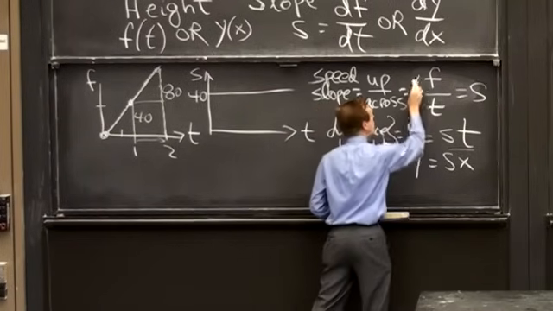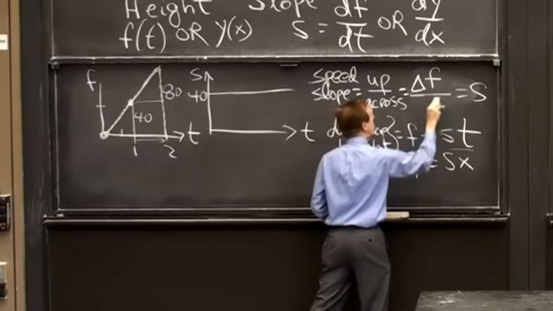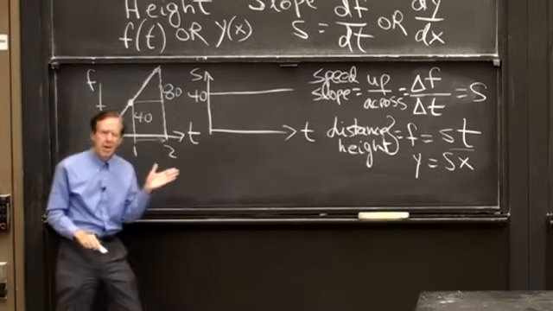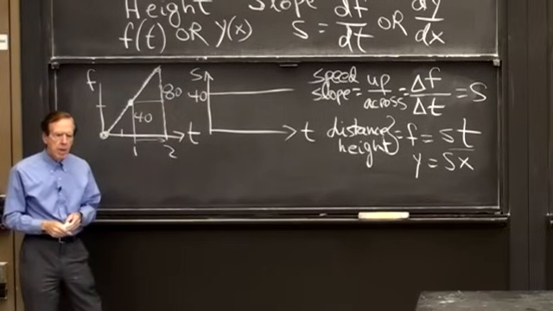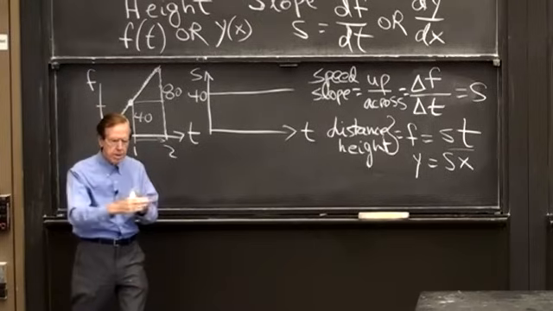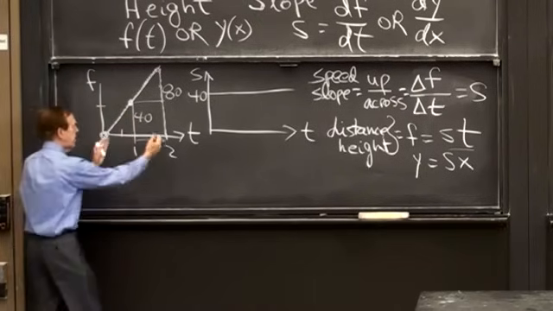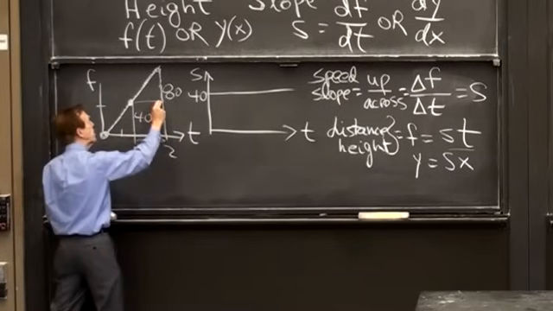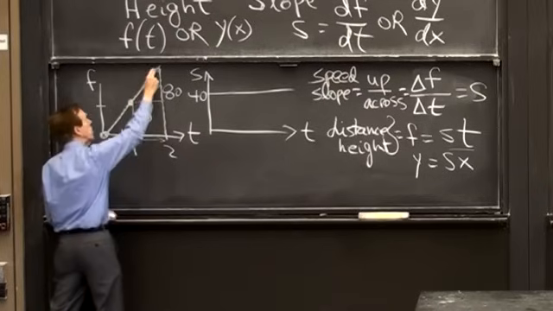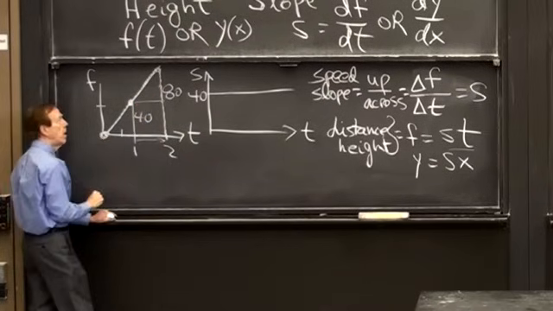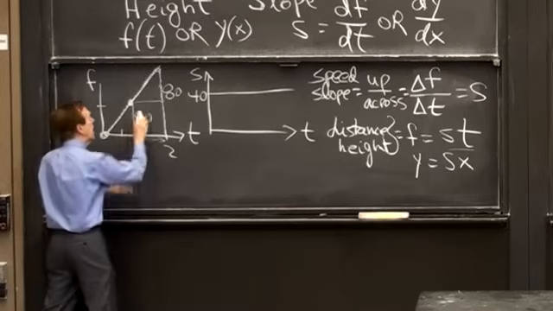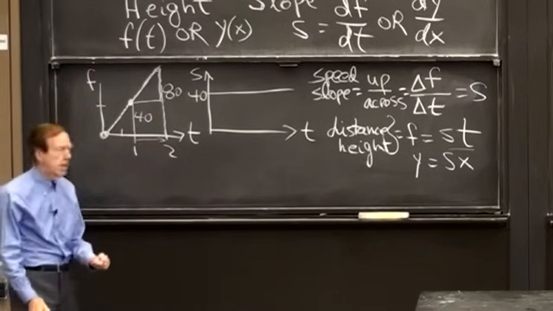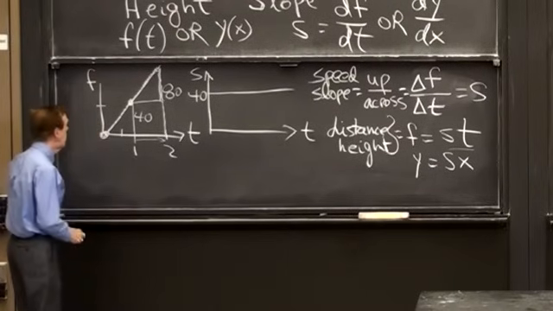It's really the change in f divided by the change in t. I use that letter delta to indicate a difference between, the difference between time 2 and time 1 was 1, and the difference between height 2 and height 1 was 40. You see, I'm looking at this little piece. And of course, the slope is still 40. It's still the slope of that line.